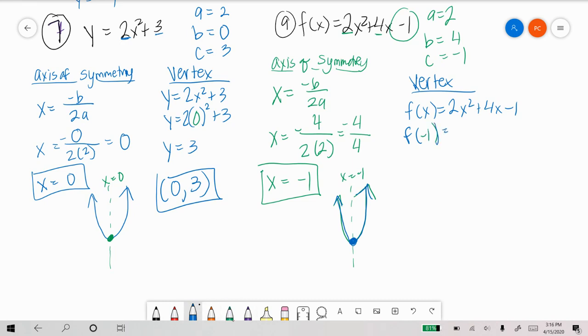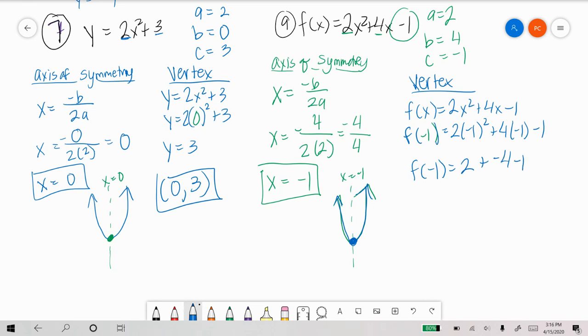So f of negative 1 is equal to 2 times negative 1 squared plus 4 times negative 1 minus 1. And that would leave us with negative 1 squared is 1, times 2 is 2, plus 4 times negative 1 is negative 4, and negative 1.